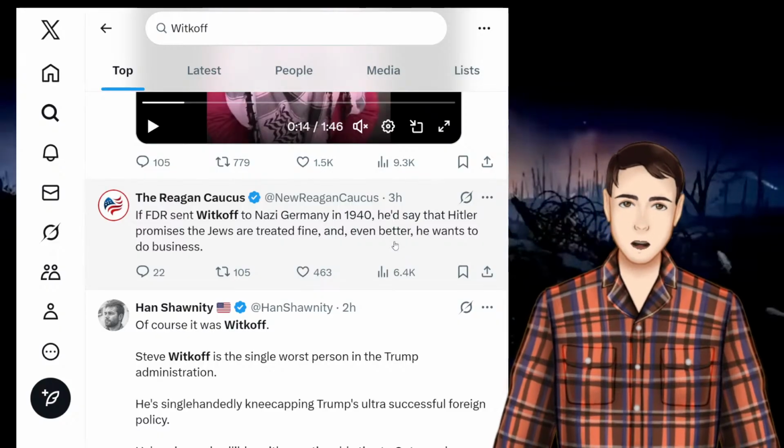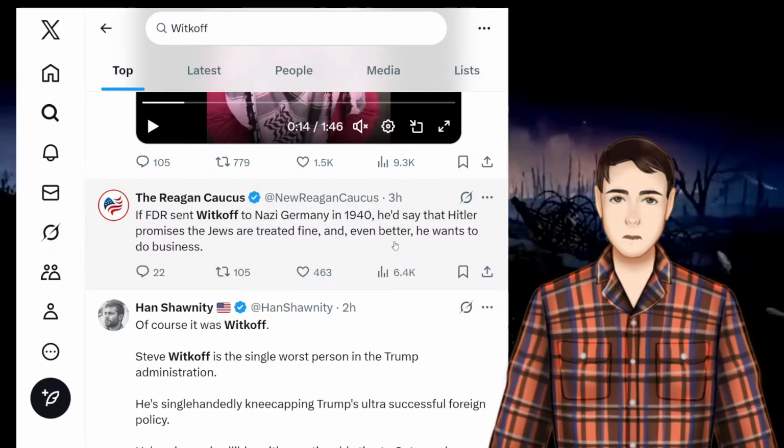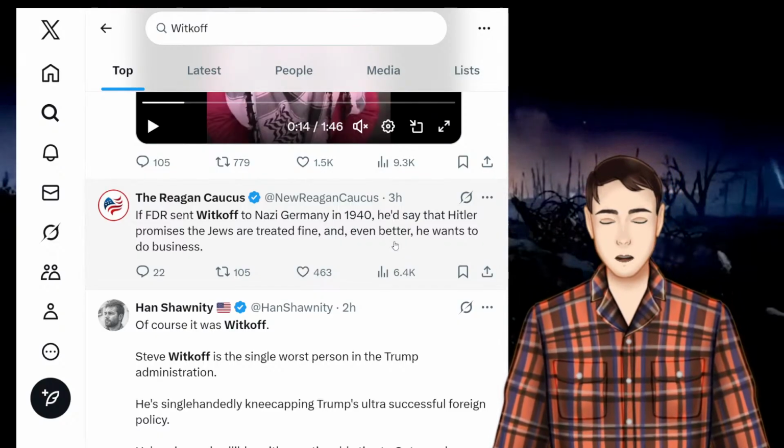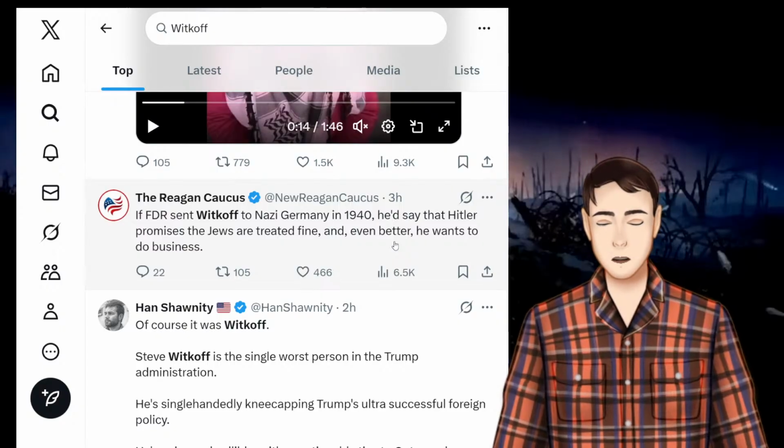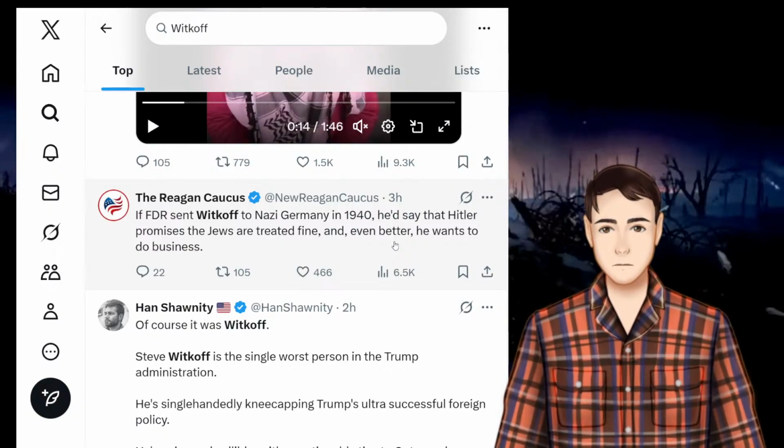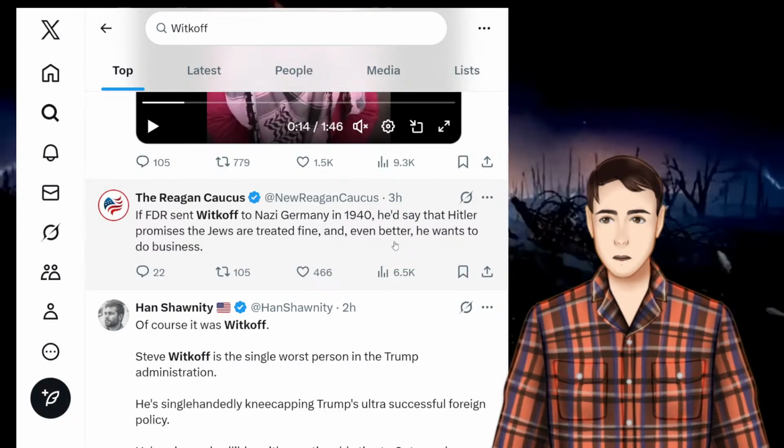We'd end up making Britain subservient to the U.S., while signing off Western Europe to be under the domination of Nazi Germany. That would be an interesting thing.